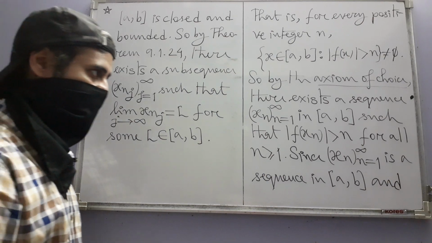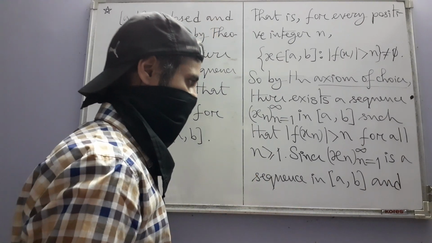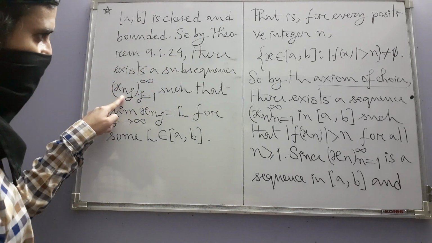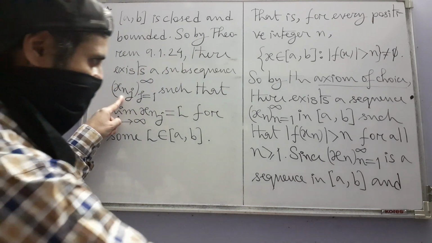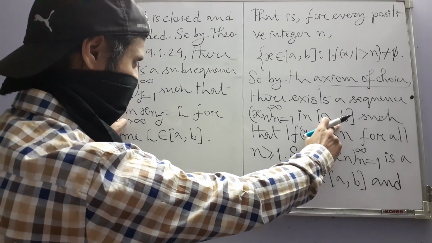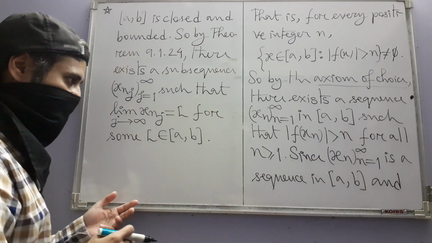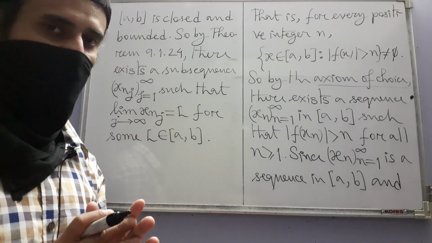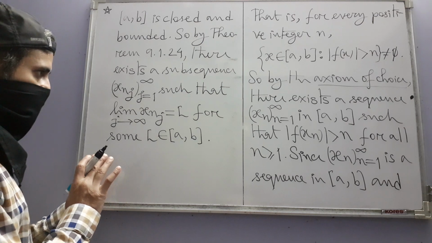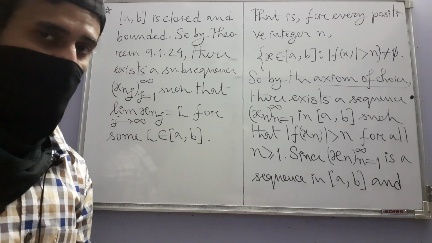Okay, so now you watch this closely. You now have a subsequence. The terms of the subsequence all are lying inside this. What is this set? This set is the domain of the function f. And f is continuous.